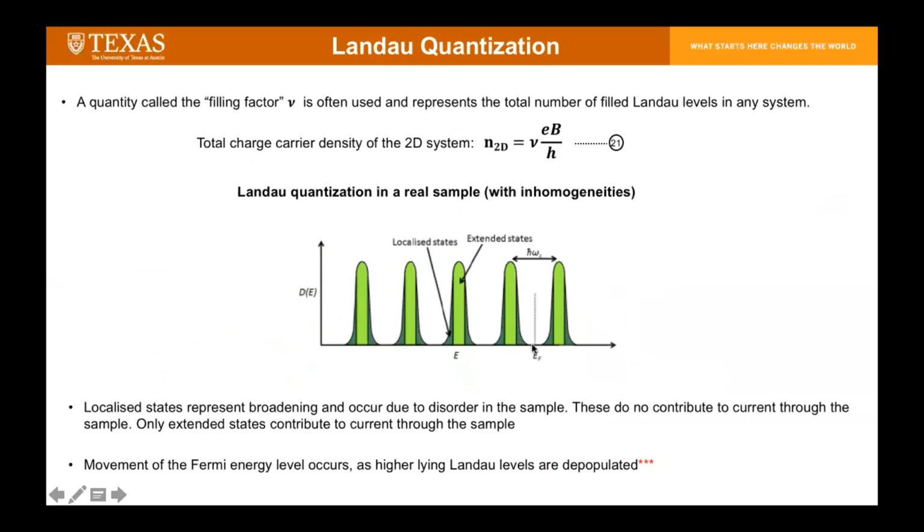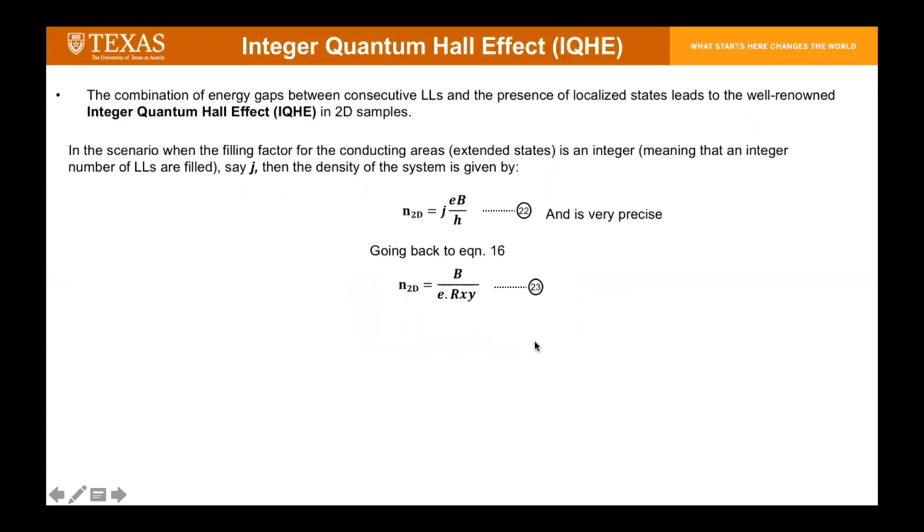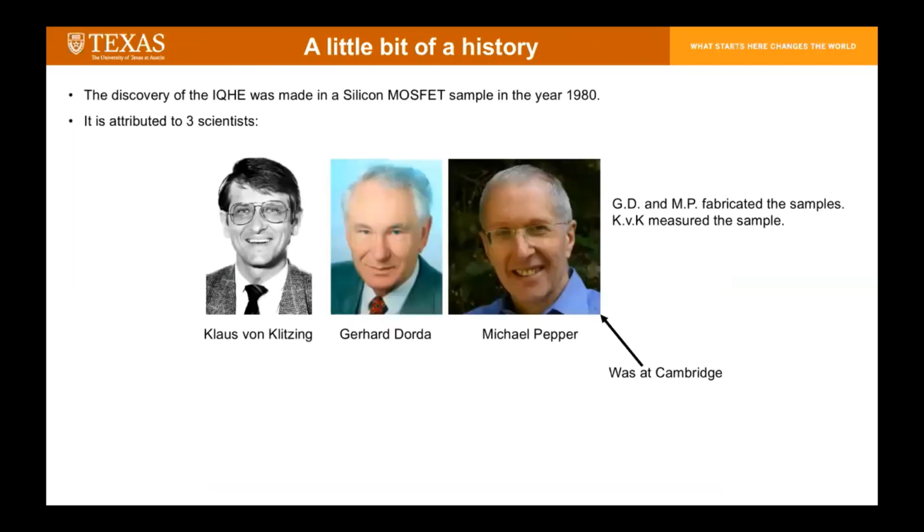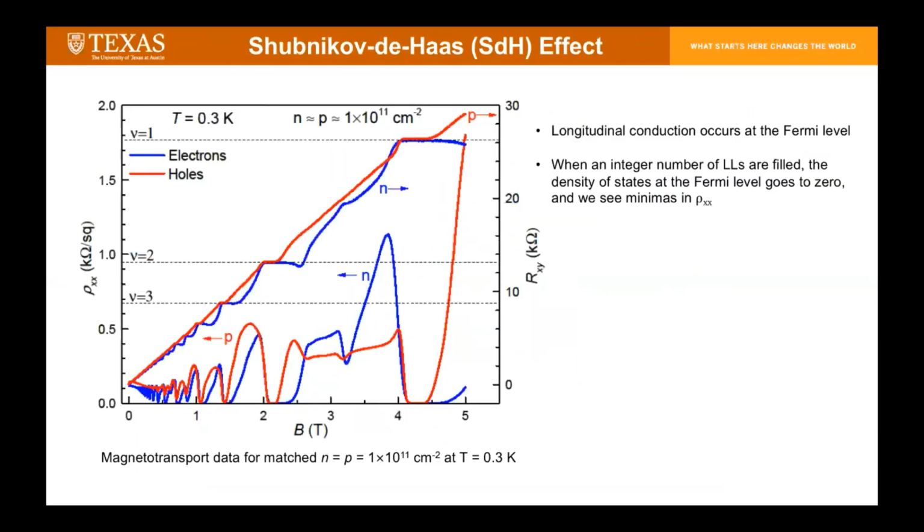If you have no density of states at the Fermi level, then there will be no resistance at that point. So every time you have an integer number of Landau levels filled, the Hall resistance gets quantized, but the longitudinal resistance goes to 0, because the Fermi level lies in between 2 Landau levels, and the density of states is 0 in between 2 Landau levels. So again, this is an important effect where you see the density of states going to 0 and the longitudinal resistance exhibiting minima at the same time when you see these plateaus.